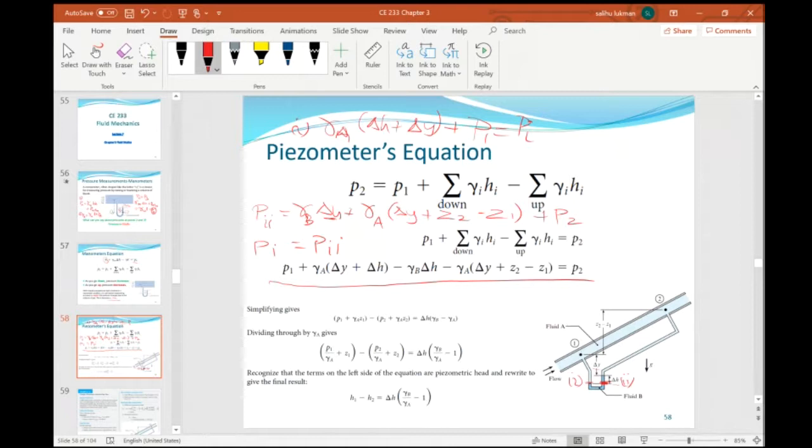For instance, here, if you want to find the pressure difference between point 1 and point 2, that is the pipeline, this point, that point, all you need to do is to subtract and get P2 minus P1.